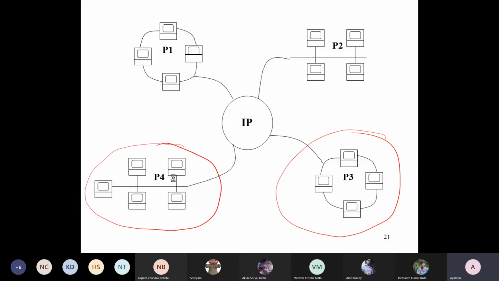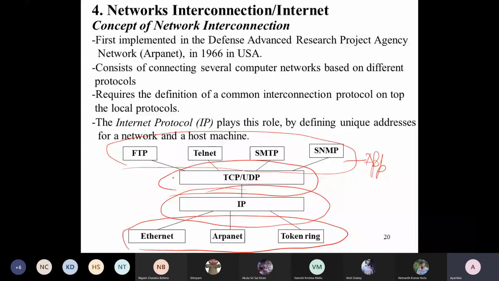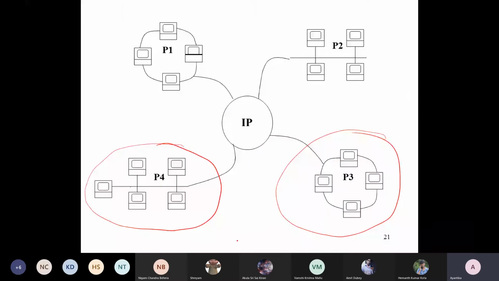That means only if you have the proper Ethernet protocol or token ring handling and these types of protocols, they are sufficient to communicate from one node to another node within this shared medium.